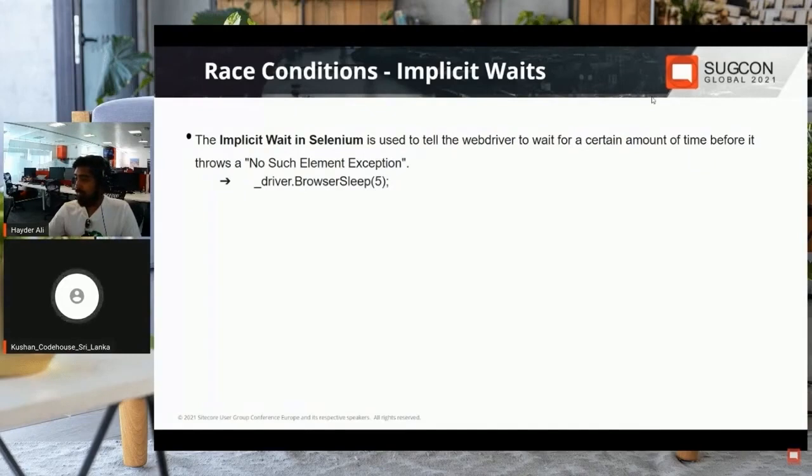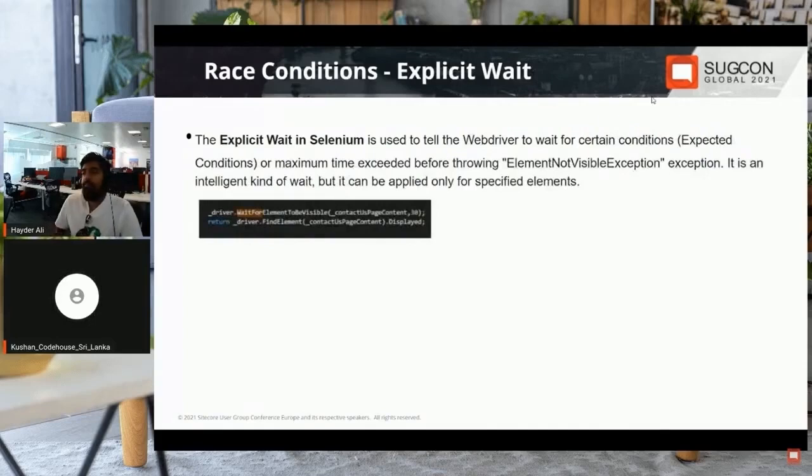So we have to tell Selenium to wait for a particular stipulated time rather than just fail the script with an exception. So with implicit wait, we give a time like 5 seconds, 10 seconds, or 25 seconds, and it actually stays for that particular 25 seconds before going to the next line. But we have another option called explicit waits, where we give a maximum time that the wait should stay, but we give a condition that, if it's satisfied, it will move on rather than waiting for that given time.